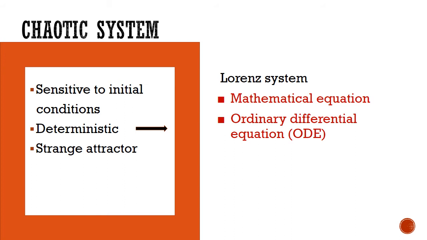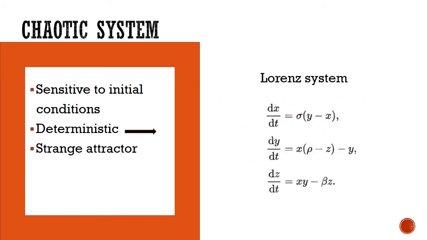Hence, it is a deterministic chaos. Chaotic systems are continuous systems whose behavior is dependent on time. Here we consider the Lorenz system. It is expressed with the ordinary differential equation. This is the equation that represents the Lorenz system.